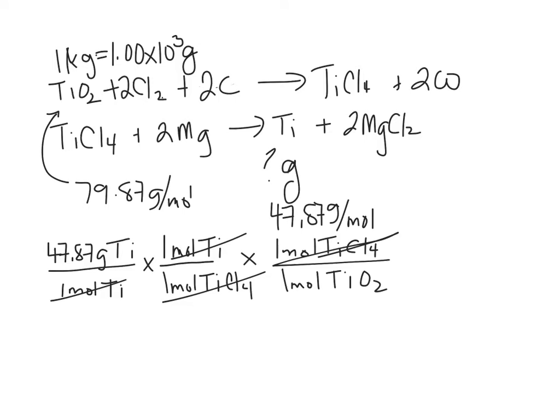Now I've got moles of titanium oxide, but I know 1 mole has a mass of 79.87 grams times 1,000 grams. So 47.87 times 1,000 divided by 79.87.